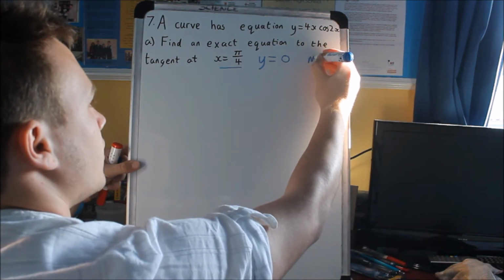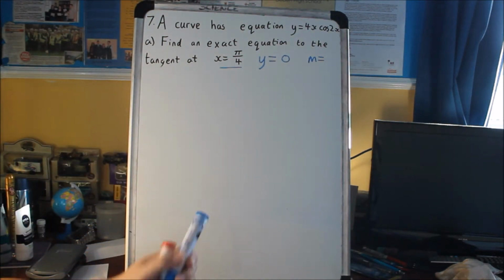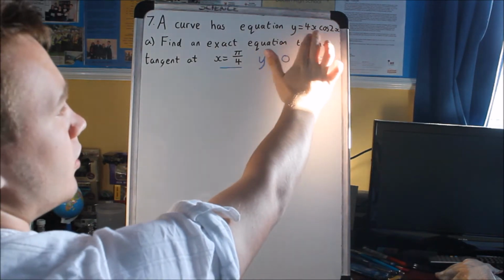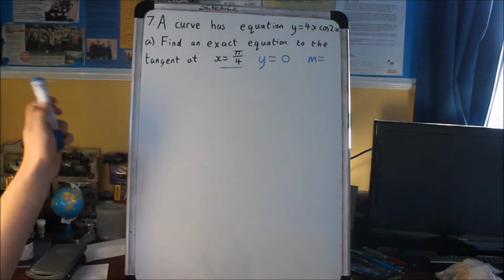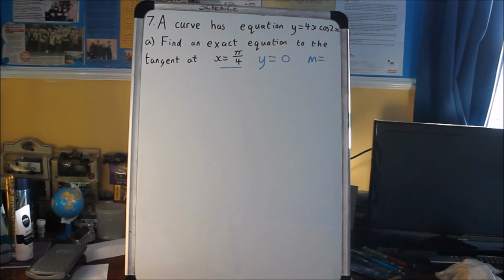And we need m in order to work out our c, our y-intercept for this tangent. To find m, the gradient at any point on this curve, we need to differentiate y equals 4x cos 2x, and then we're going to need to put in this x value to find out the gradient at that particular point.